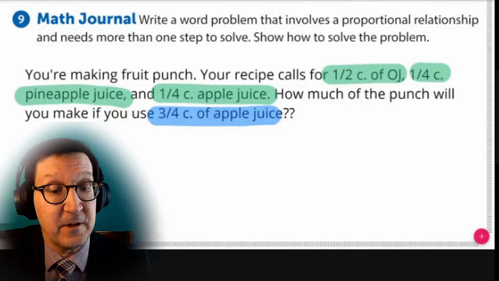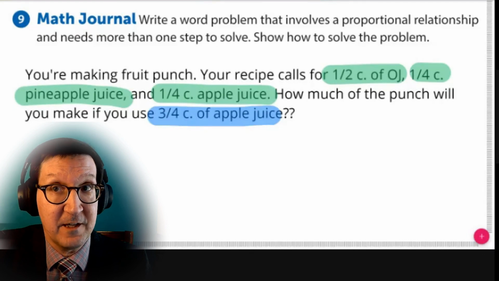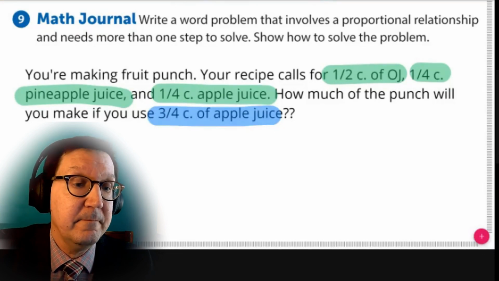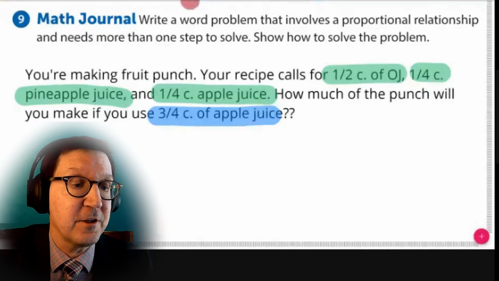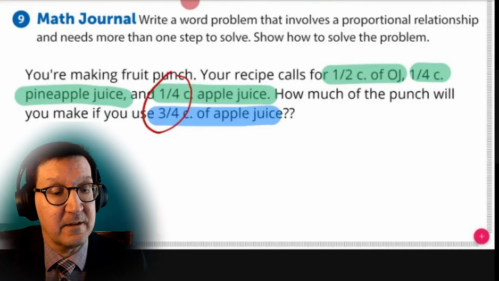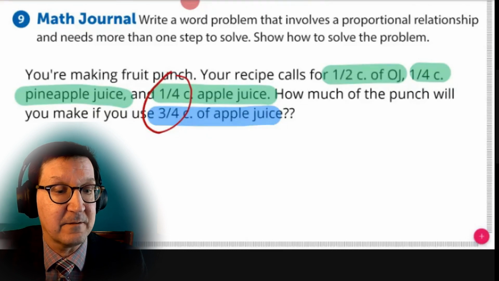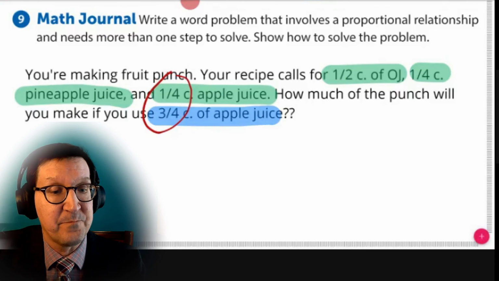Well, first of all, you need to find out how much punch your recipe is going to make to begin with. And then you see we have a ratio here. If you're using 3/4 of a cup of apple juice and it calls for a 1/4 cup of apple juice, you're going to make 3 times as much punch altogether, right? Assuming everything else is in the same proportions.